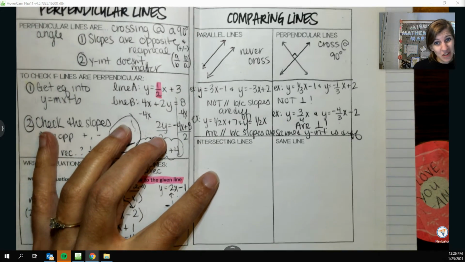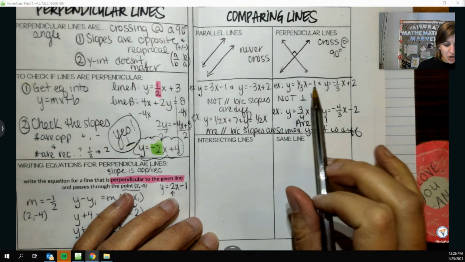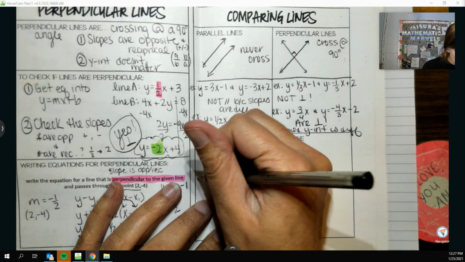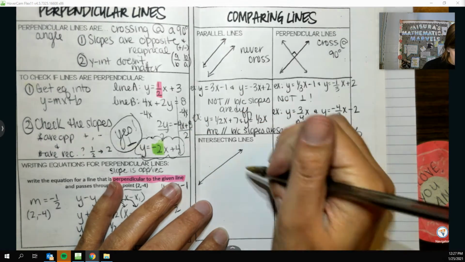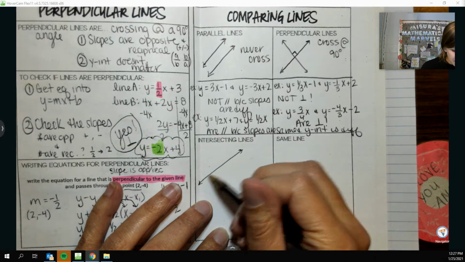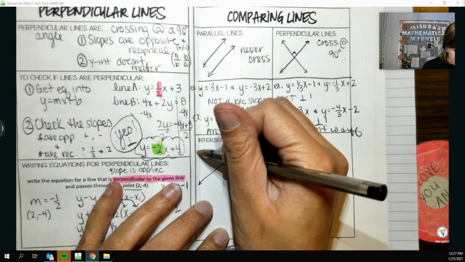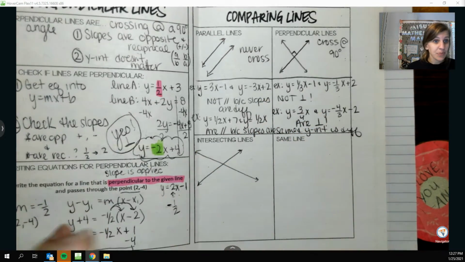Now, I might just have two lines crossing each other and they're not a 90. So this one right here, this 1/3 x and this -1/3 x, those lines would cross each other, but it wouldn't be at a 90-degree angle. So we'd have something like 1/3 and then -1/3. And so this angle right here is not 90. Okay, so that can happen.